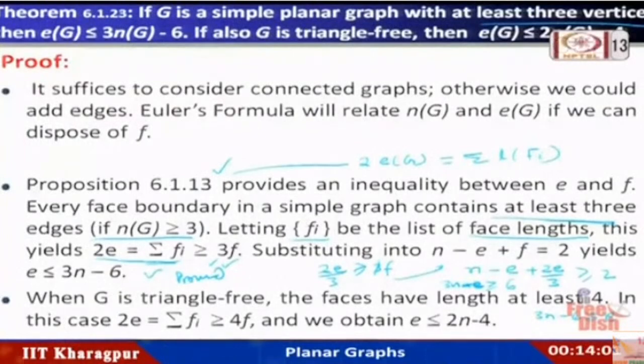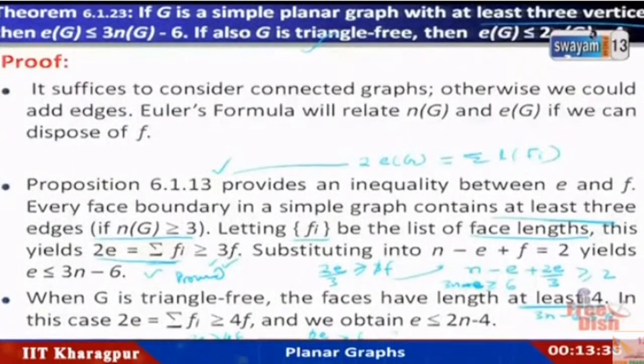Now another part of this theorem says that if G is triangle free, then the faces have lengths at least 4, hence 2E is greater than or equal to 4 times f. So 2E by 4 is f.